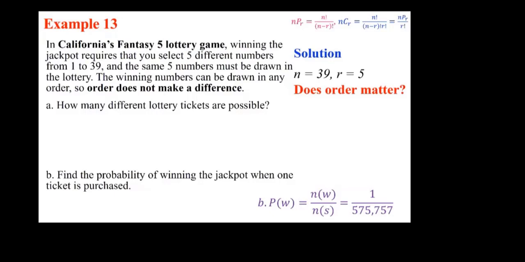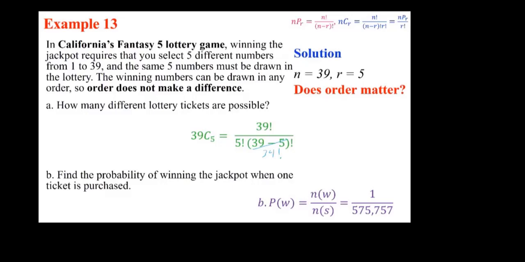So with that being the case, we are looking at the combination of 39 choose 5, and do the math. 39 factorial over 5 factorial times 39 minus 5 factorial. Of course, this is 34 factorial.